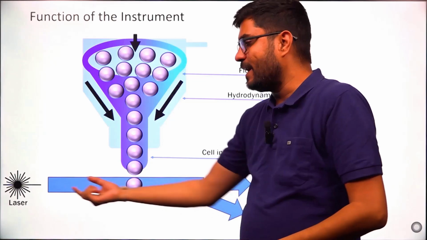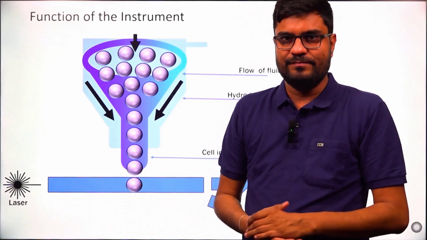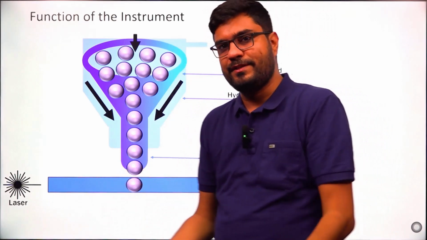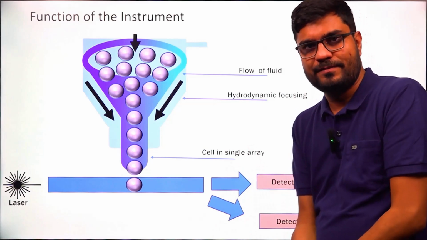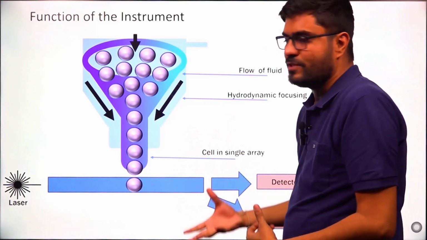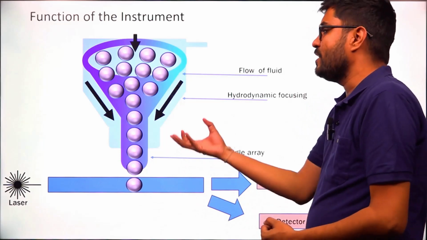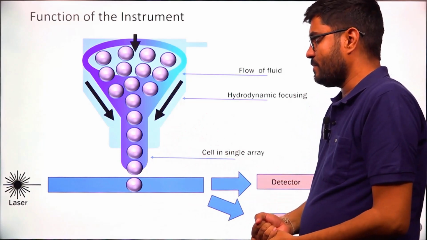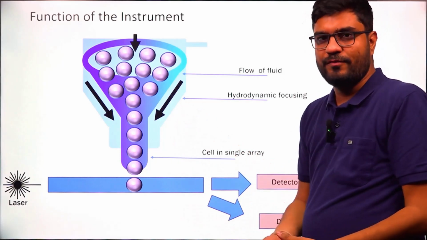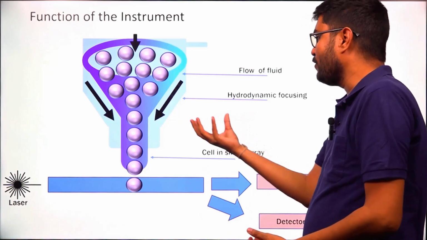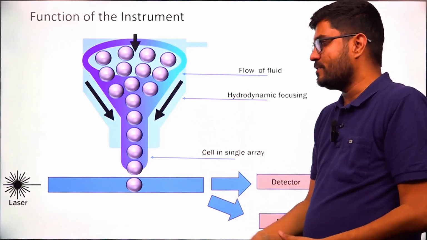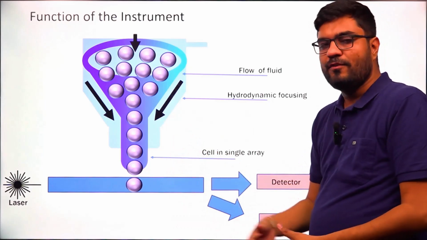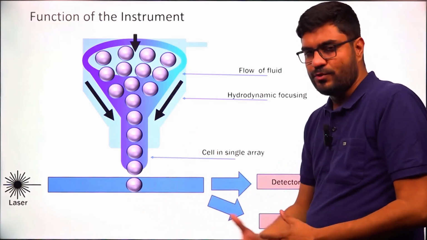Then one cell at a time interacts with the laser and gives us some information which is detected by different types of detectors. Nowadays there are flow cytometers which come with acoustic sound waves, where along with hydrodynamic focusing, a sound wave is also utilized to create this array of cells.